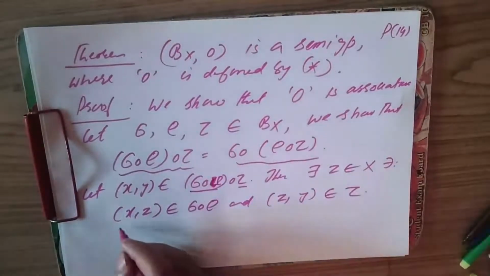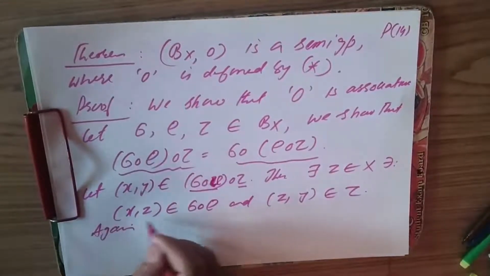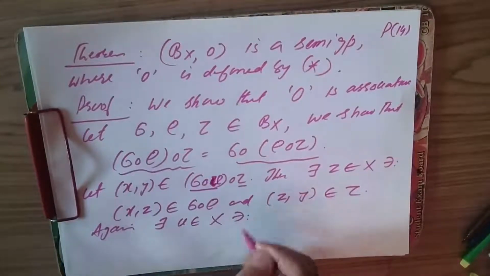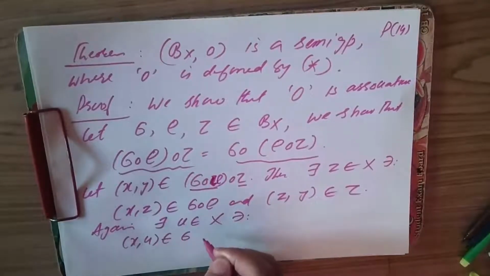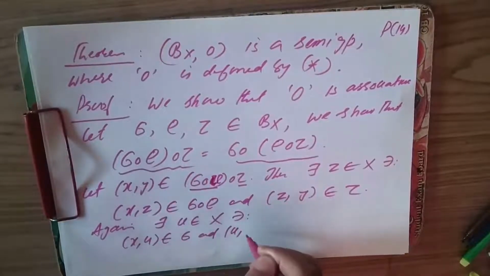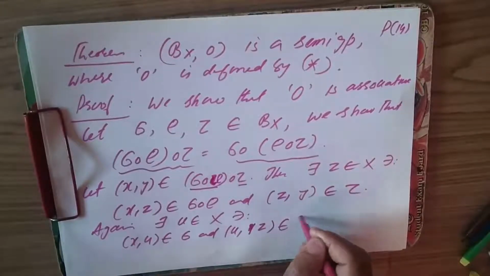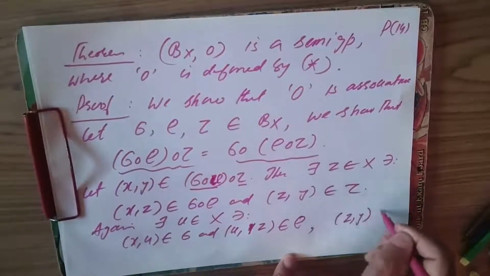Now again, because this is also a composition, there exists u in X such that (x, u) belongs to sigma and (u, z) belongs to rho, and (z, y) belongs to tau.